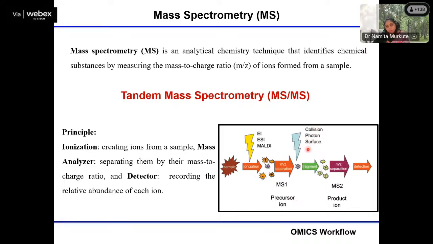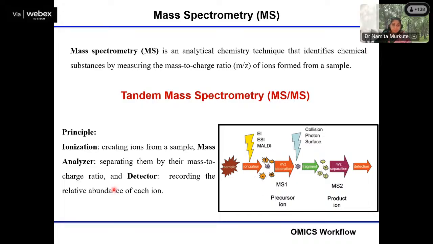A collision source is there, and this parent ion is broken down into fragments, and then these fragments enter the MS2, the second mass analyzer, and the product ion is formed. It is also called a daughter ion, parent ion and daughter ion, and this daughter ion now gets detected by the detector. So this is tandem mass spectrometry, MSMS, where the ions are fragmented and detected in two stages.